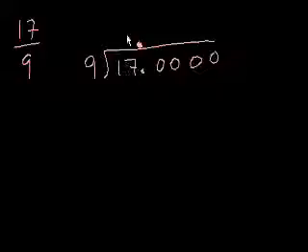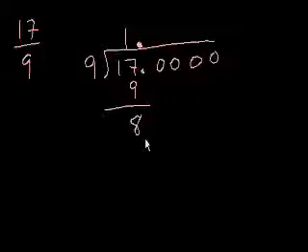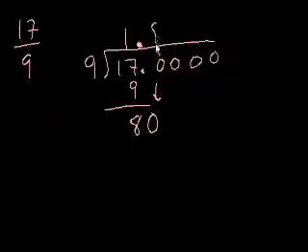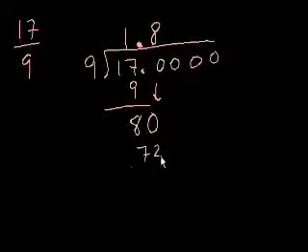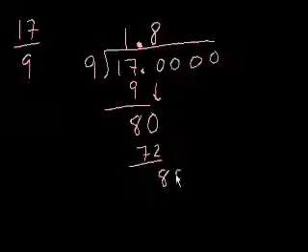So 9 goes into 17 one time. 1 times 9 is 9. 17 minus 9 is 8. Bring down a 0. 9 goes into 80. Well, we know 9 times 9 is 81, so it can only go into it 8 times, because it can't go into it 9 times. 8 times 9 is 72. 80 minus 72 is 8. Bring down another 0.